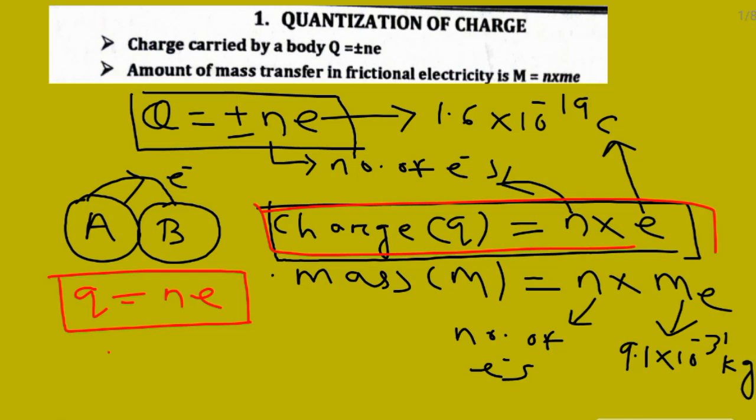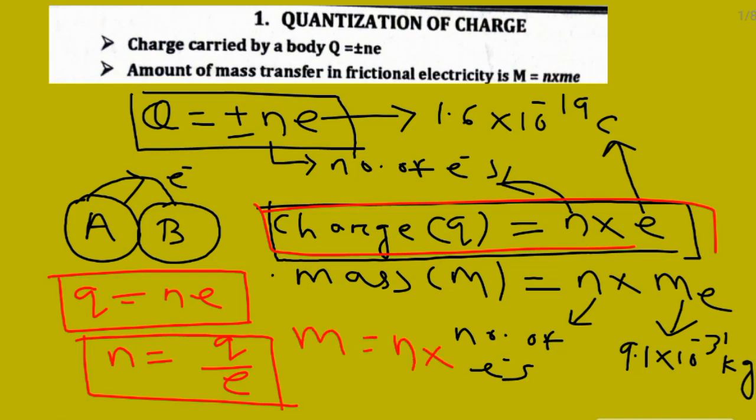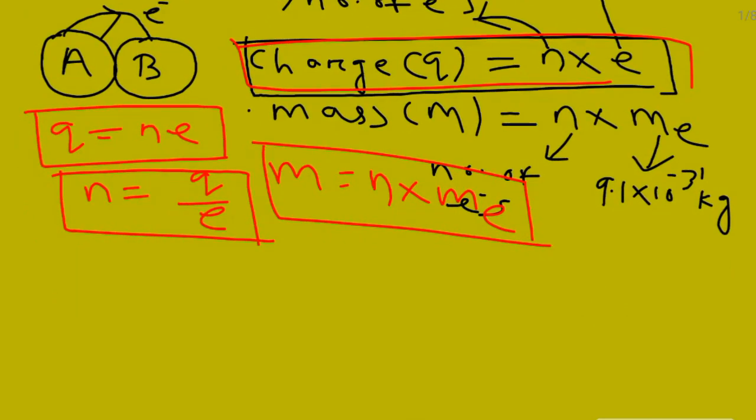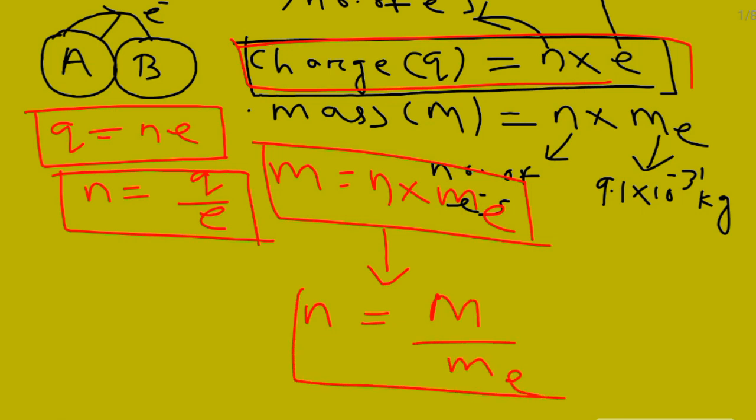And from this formula we can get number of electrons equal to Q by e. This is the second formula. And the mass formula is: mass equals number of electrons into mass of one electron, and from this formula we can get number of electrons equal to m by mass of one electron. Is it clear?